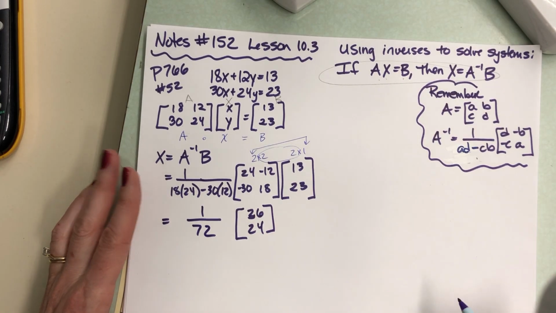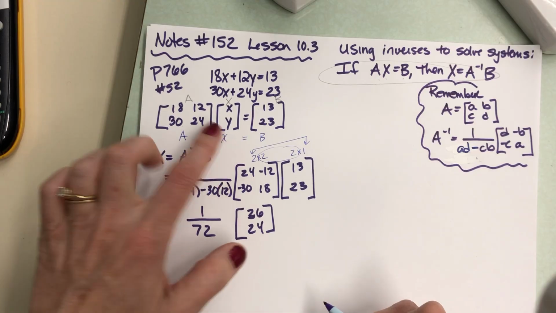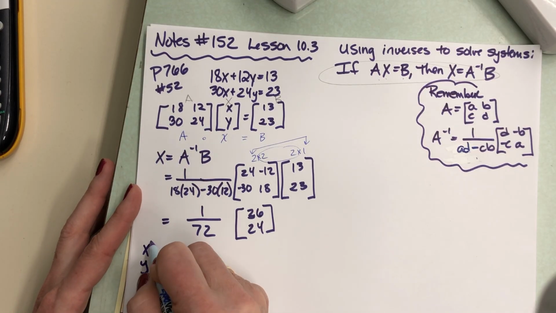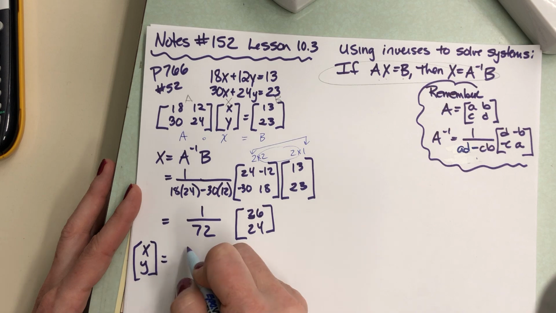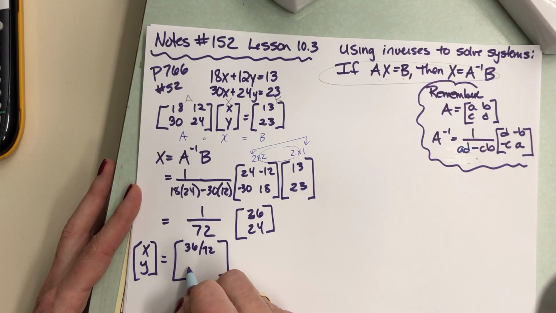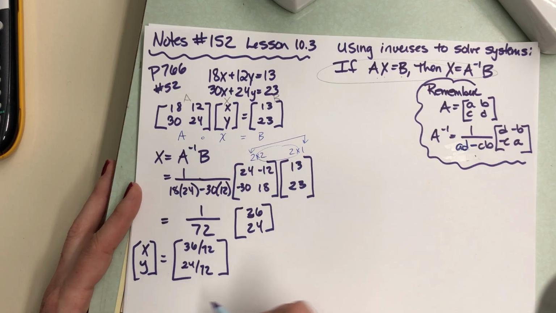All right, so my last step is to do my scalar multiplication. Let's go back and think about what matrix X equals. The matrix X is equal to x, y, right? So if I do my scalar multiplication, that's 36 over 72, and then I've got 24 over 72. Quick little divisions, this is beautiful.